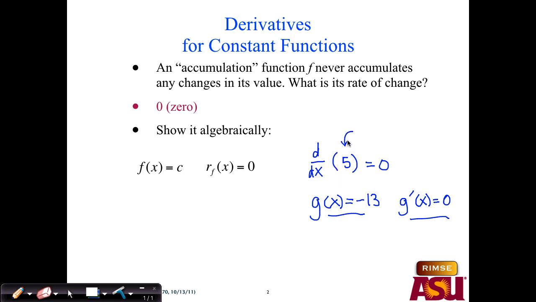One of the benefits of this notation is that you don't have to have a function name. You can think about just an individual term without it being assigned to a dependent variable.